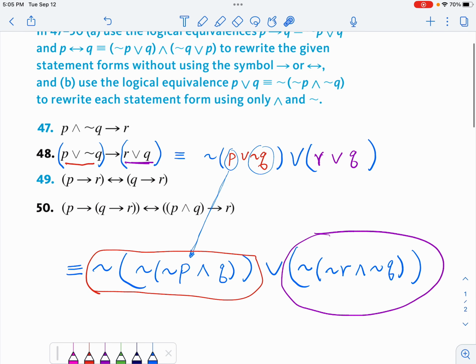I'll think of this whole thing as my P, the part before the or, and this whole thing as the part after the or. So I have to apply this result. It says not the first part, so like here, I copy this whole thing down. I'll use a parenthesis in a different color.